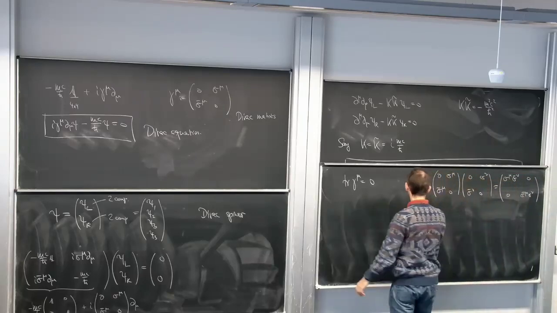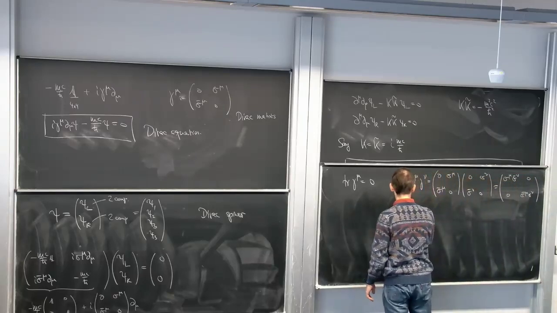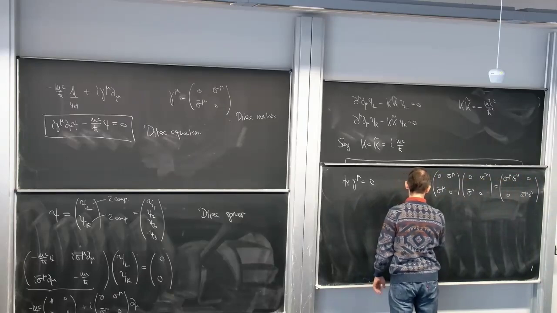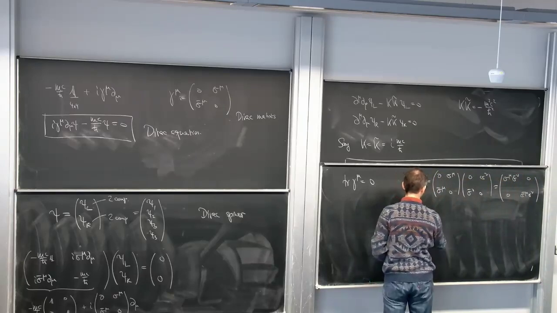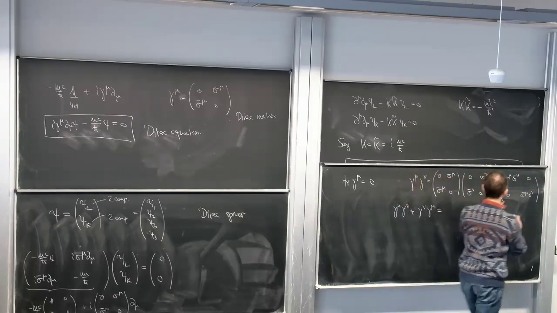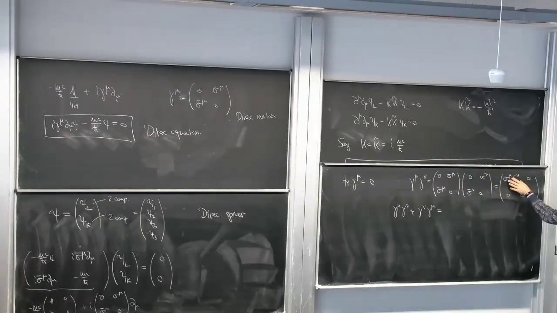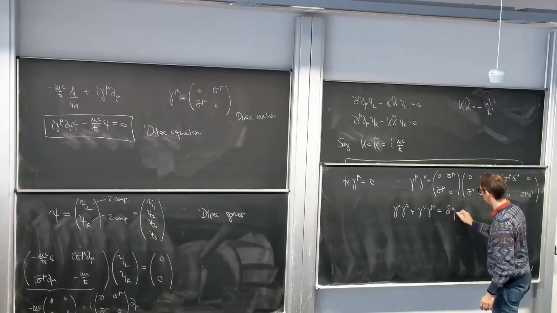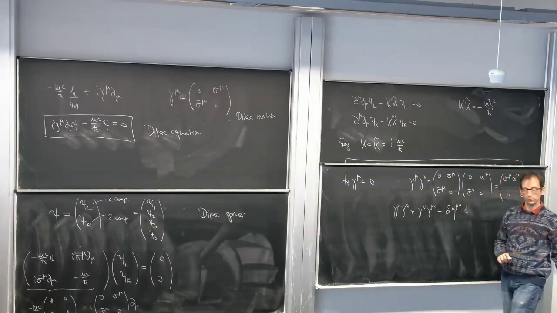So let's compute the sum gamma mu plus gamma nu with the opposite one, and then you get this thing in the opposite order in here, and they are 2 eta mu nu's there and there, and so the whole thing is 2 eta mu nu times the 4 by 4 unit matrix.